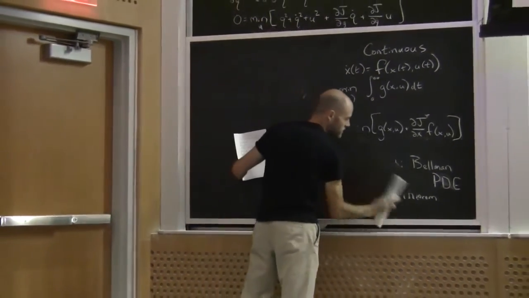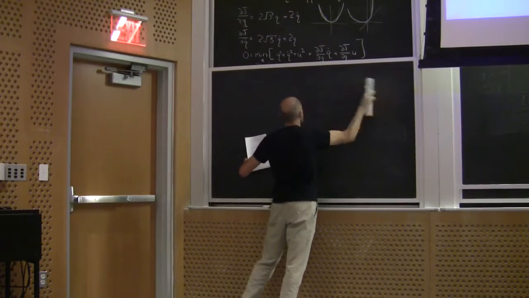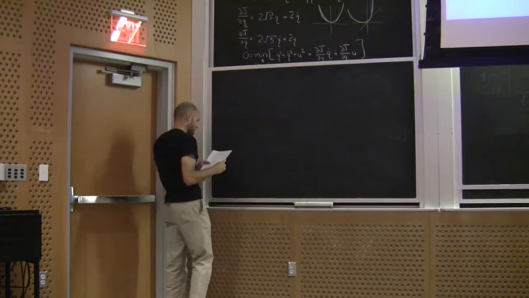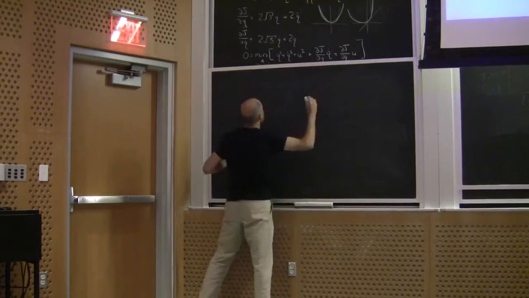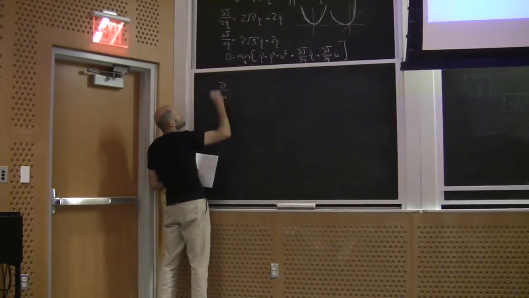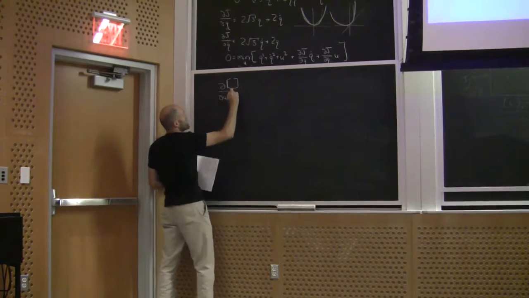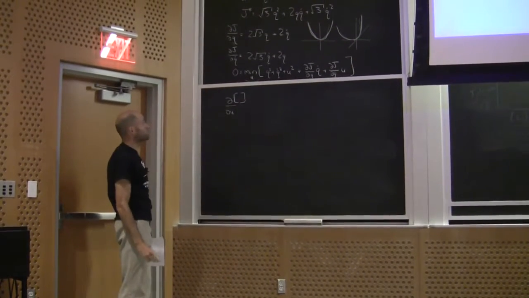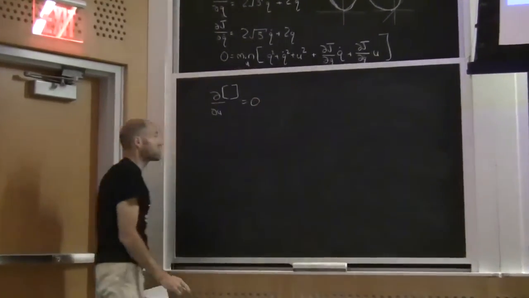And I can find it easily. Right, so if I take the gradient of this whole thing with respect to u, and I'll just put the brackets around that whole thing right there, the gradient with respect to u equals 0 is going to be my condition.